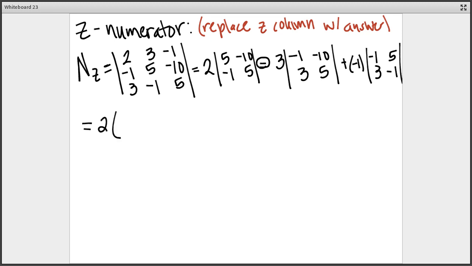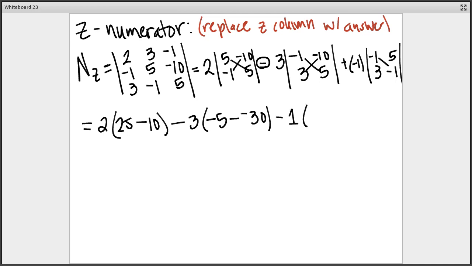So now this becomes a 2 times, 5 times 5 would be 25, minus -10 times -1 is a +10. We have a minus 3 times, -1 times 5 is a -5, minus -10 times a +3 is -30. And then we have a minus 1 times, -1 times -1 is a +1, minus 5 times 3 is 15.